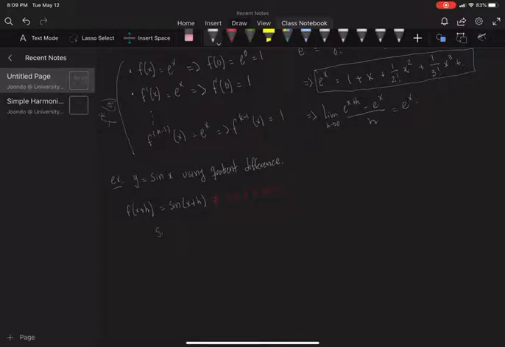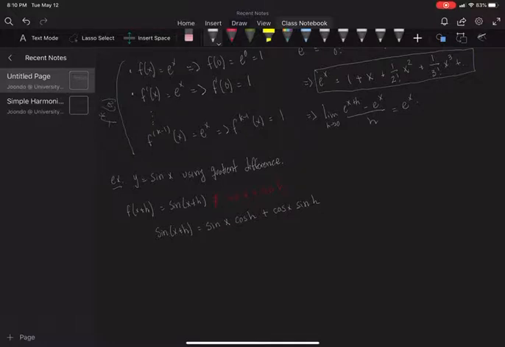So sine of x plus h, by the addition theorem in trig, is sine x cos h plus cos x sine h. Okay, but this is by the addition theorem.